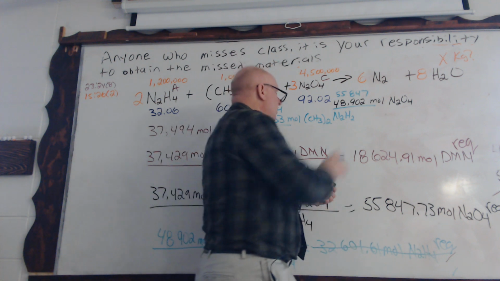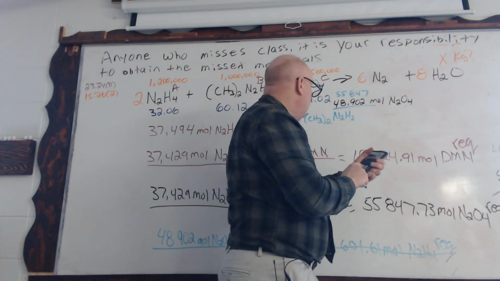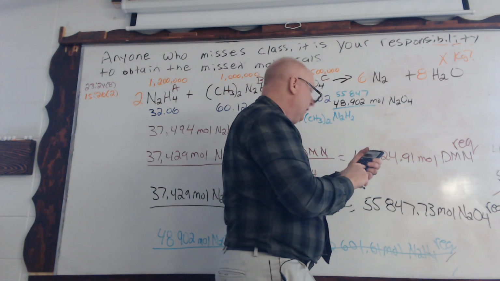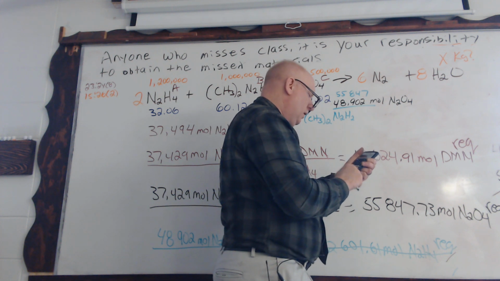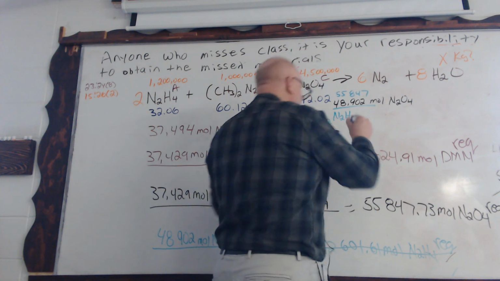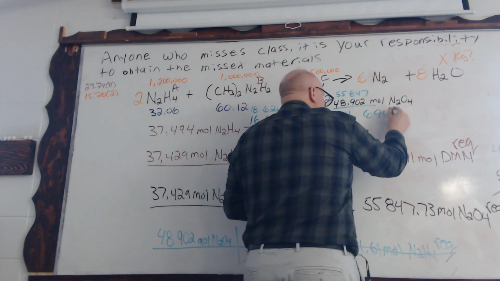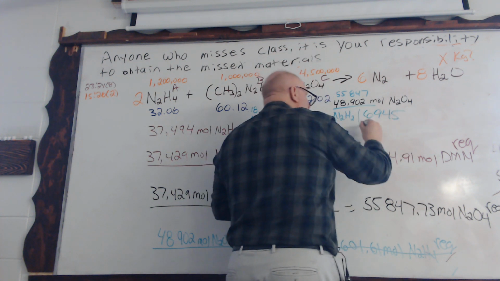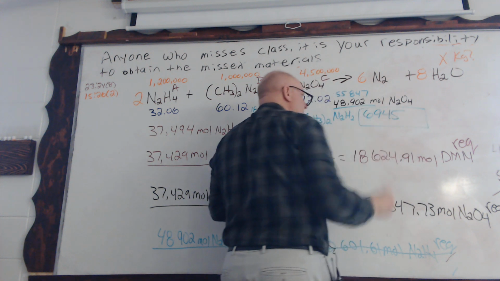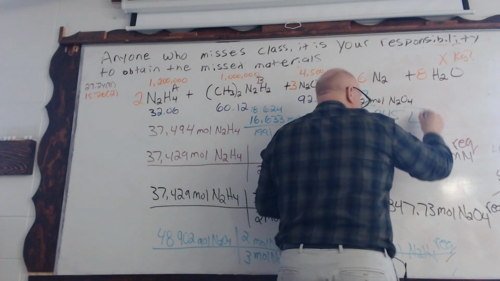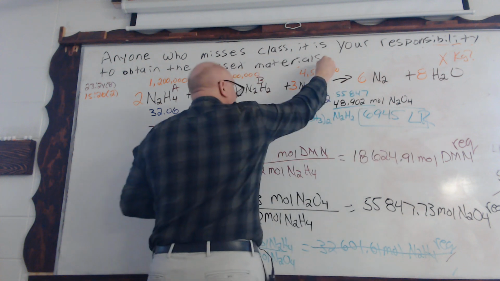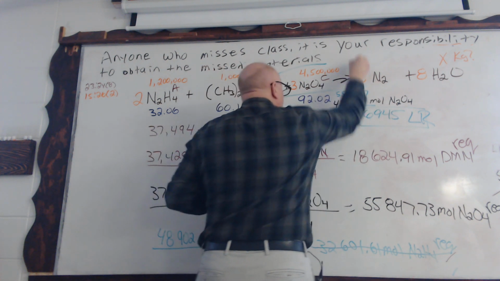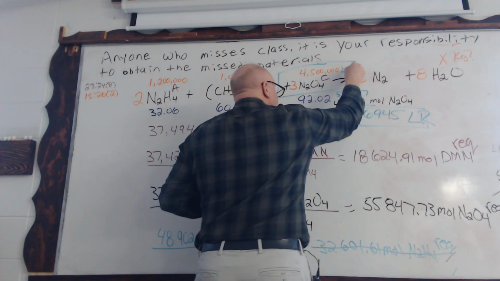But then when we subtract these two, 55,847 minus 48,902, here we get 6945. We're way too short with this substance. So this makes your limiting reactant, or this compound right here, our limiting reactant.